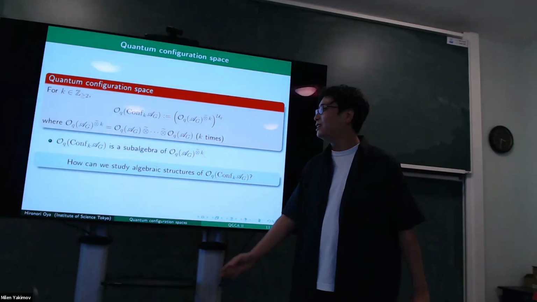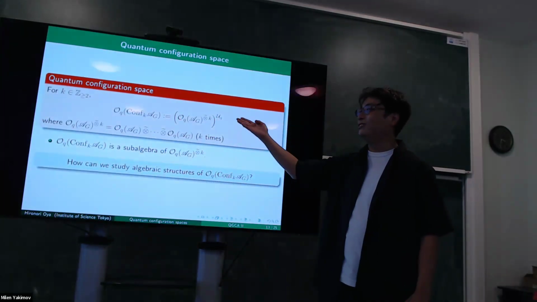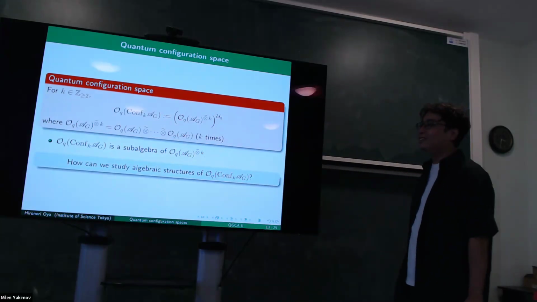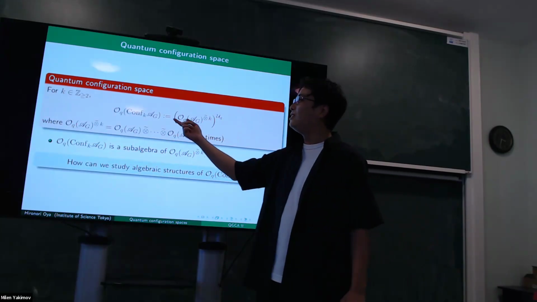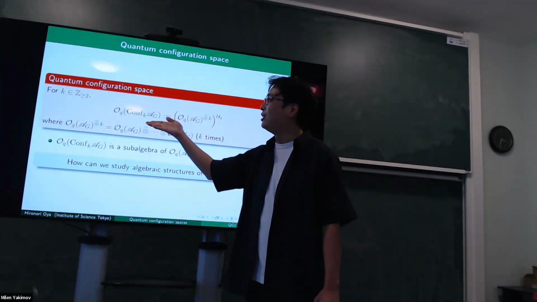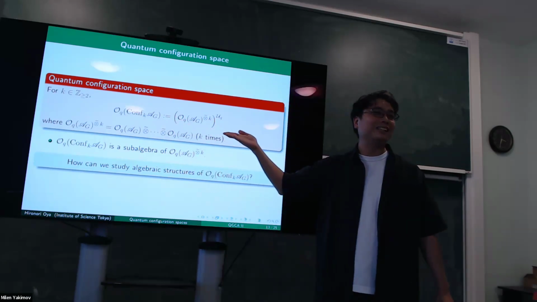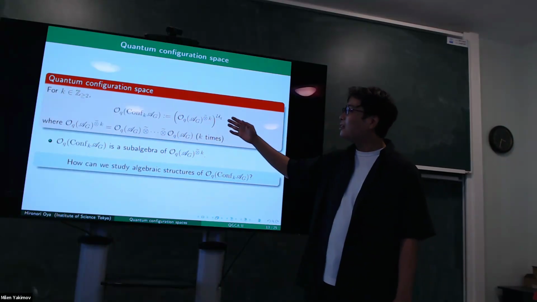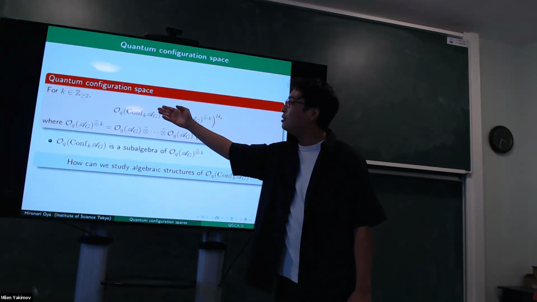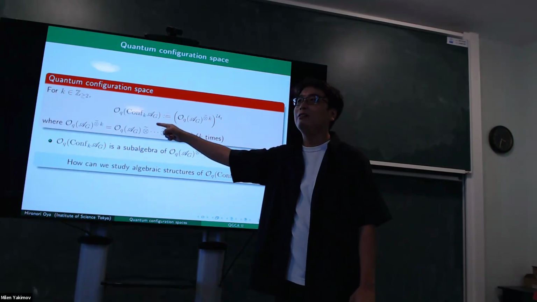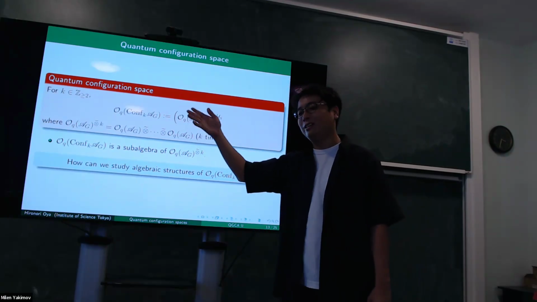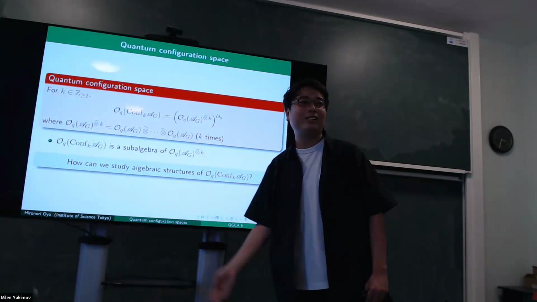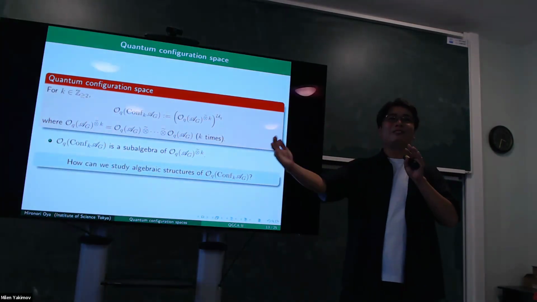Then the next question is, how can we study the algebraic structure of this algebra? This is the main part of this talk. Actually, the elements of this algebra are quite complicated because we took the invariant part. Usually, an element of this algebra is a sum of several terms.